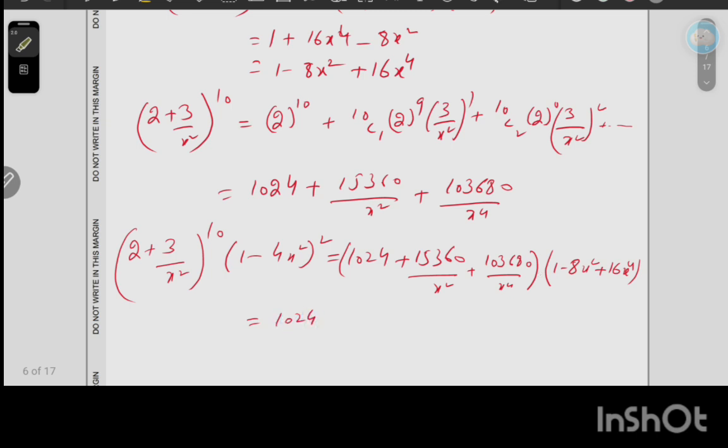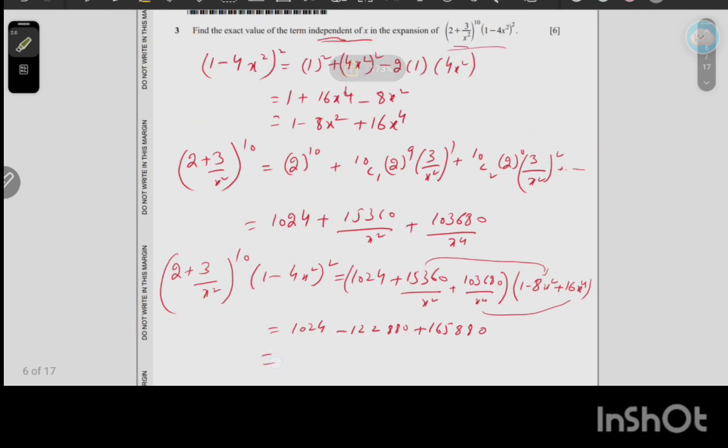This is okay because there is no x involved. Similarly, this multiplied by this one, there is x² and x² will cancel, so there is also no x involved. When we multiply, we get minus 122880. Similarly, x⁴ terms cancel with each other, so here 1658880.